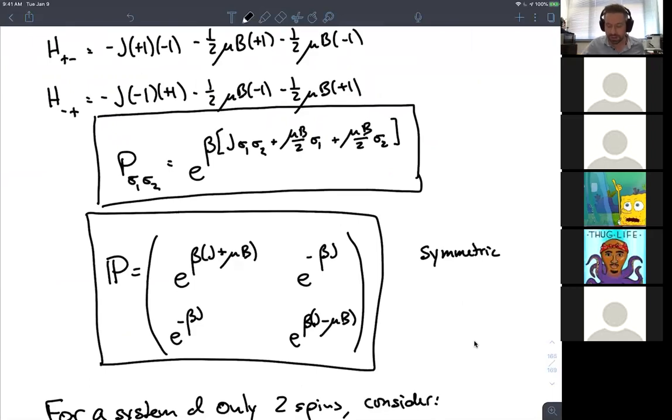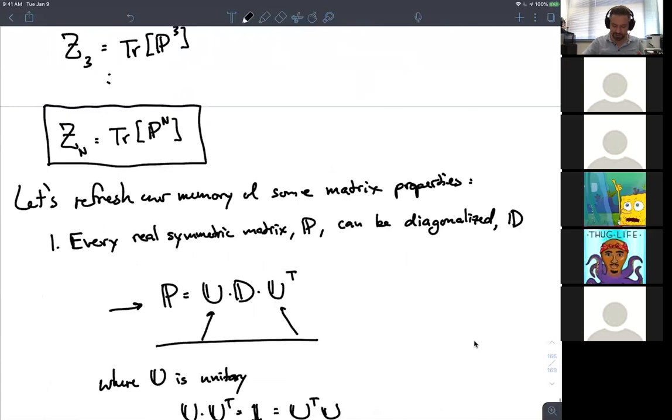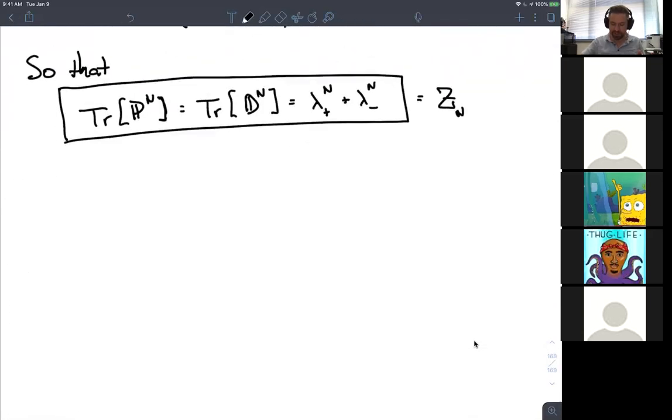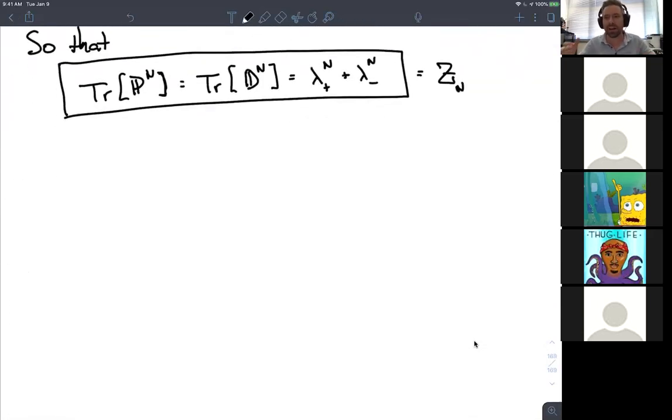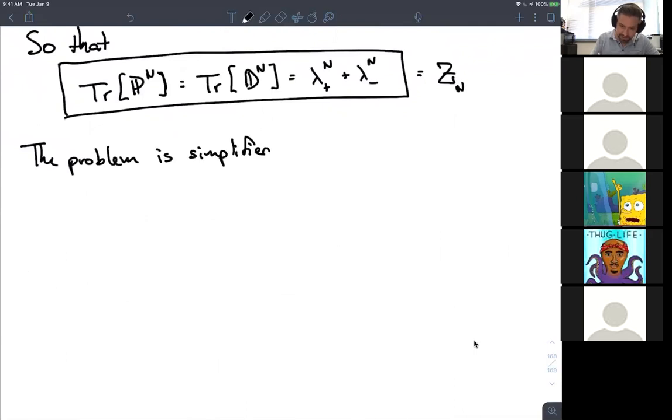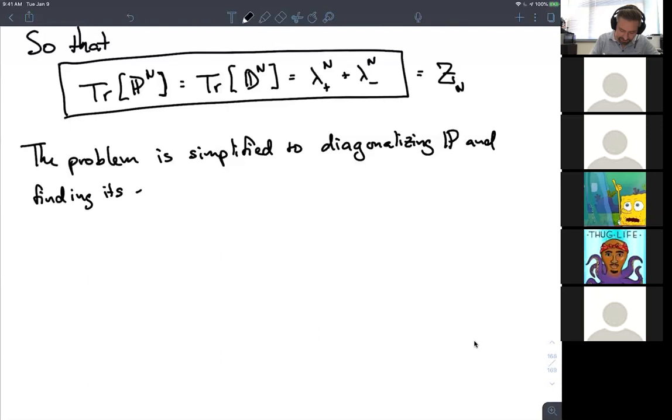We know how to do that. So we have reduced the problem to simply finding the eigenvalues of P. So the problem is simplified to diagonalizing P and finding its eigenvalues.